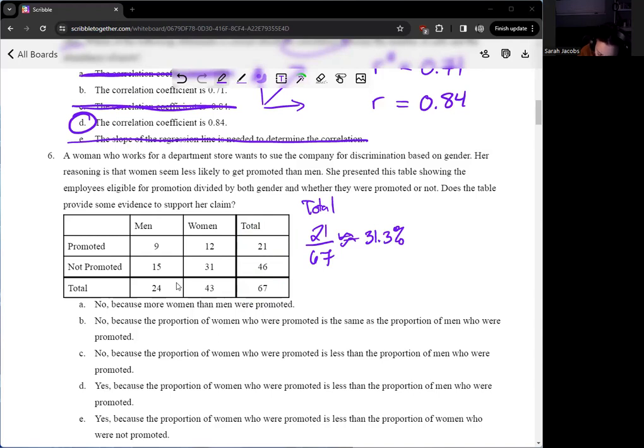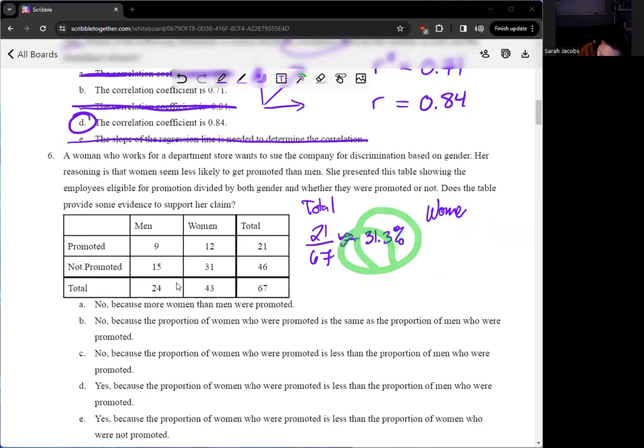So if the percent of women who were promoted is very different from that, then we have evidence of it being dependent, of gender factoring in. And we want it to be independent. We want the percent to match this roughly.